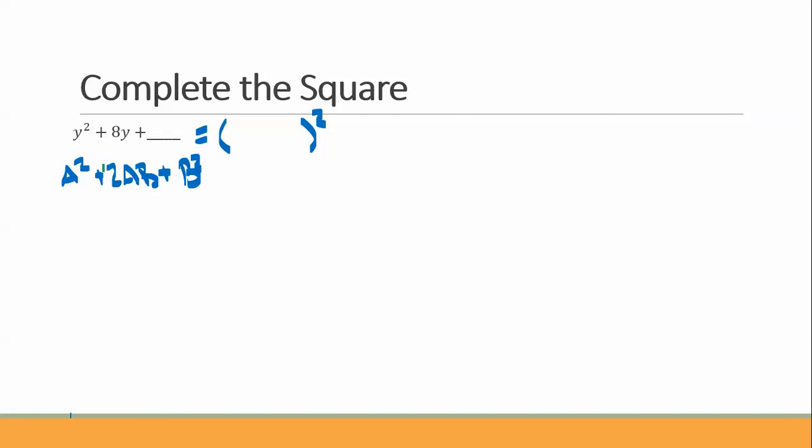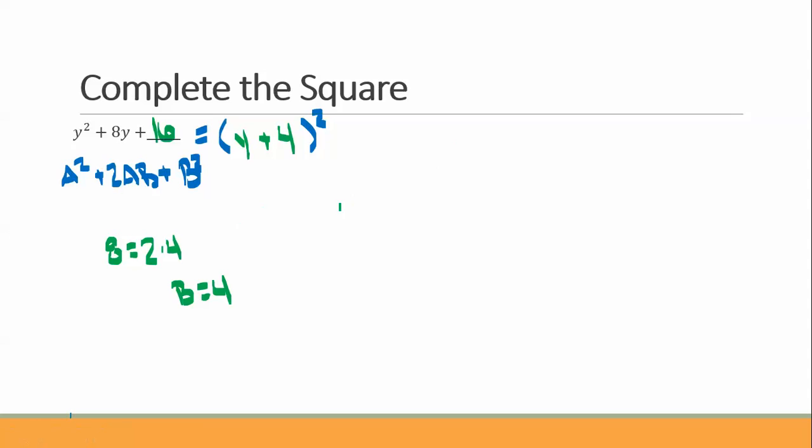So looking at this, 8 is 2 times 4, so our b is going to be equal to 4. So b squared is what goes here, so that's 16. And then we have y squared plus 8y plus 16, and that factors into y plus 4 quantity squared.